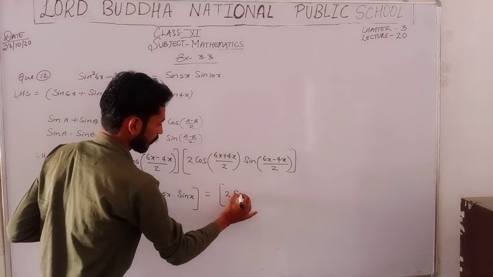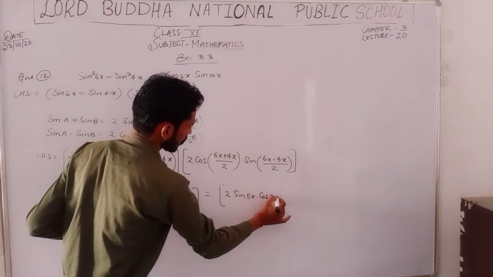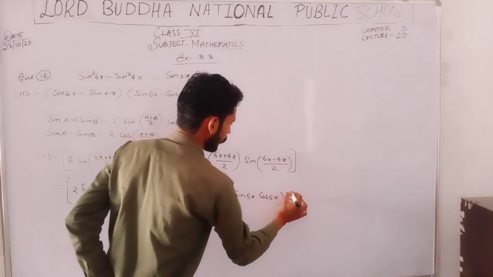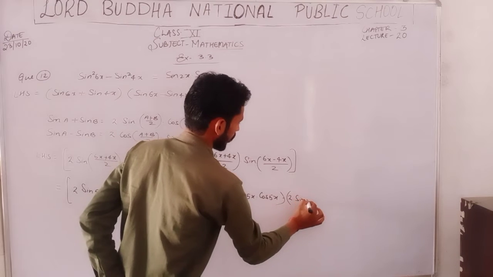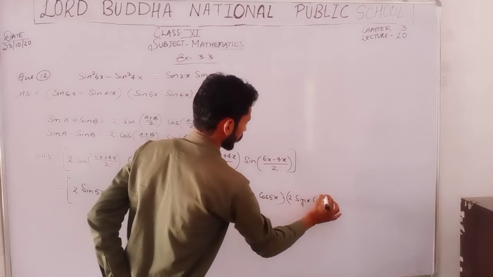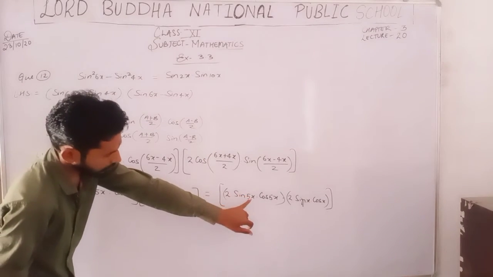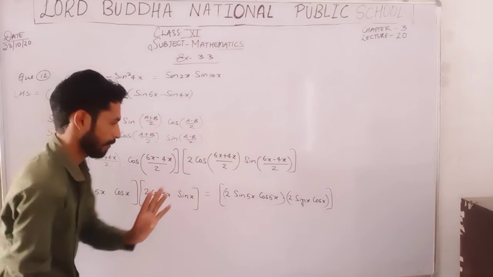So 2 sin 5x into cos 5x, into 2 sin x into cos x. Now 2 sin A into cos A is sin 2A.